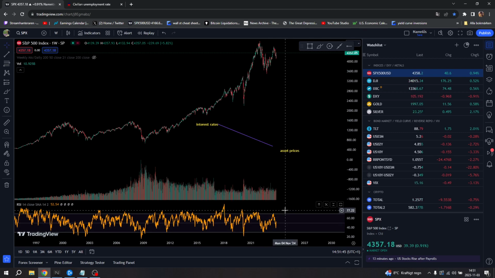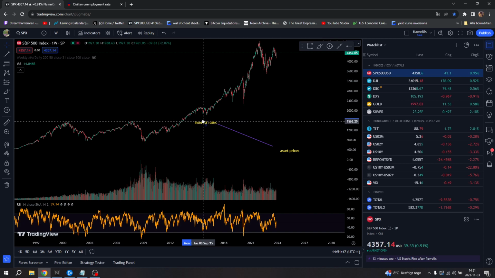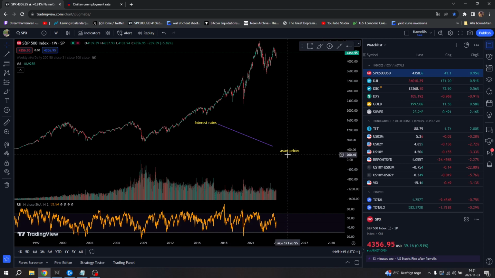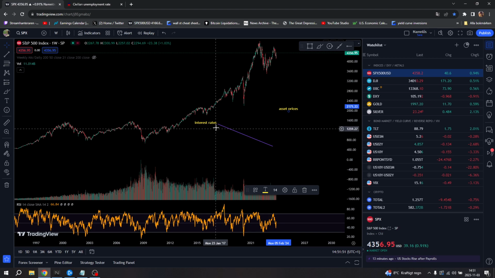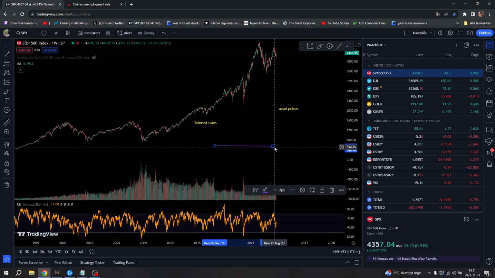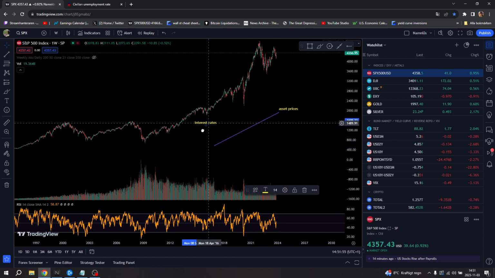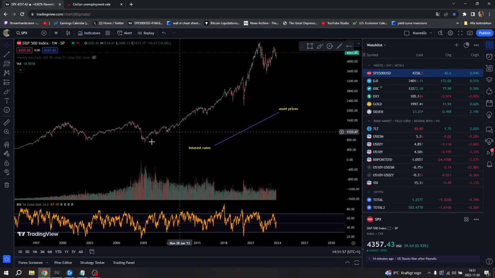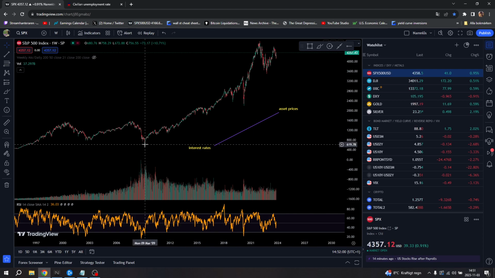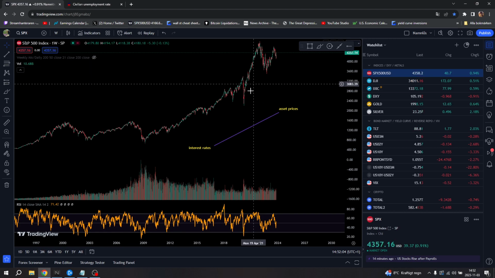It's literally just the inverse correlation. Interest rates up, asset prices down. But if it's the opposite, and it looks something like this, interest rates down, asset prices go up. This is what we have had for the longest time. So interest rates were kept low, so asset prices kept going up.